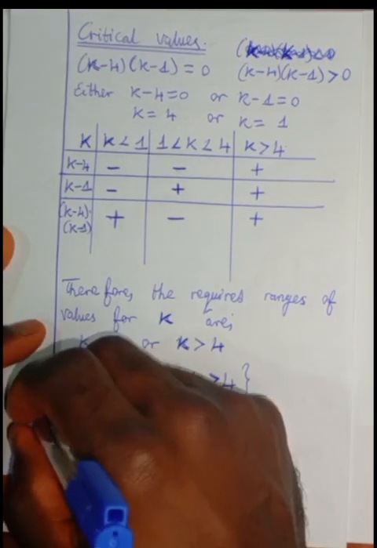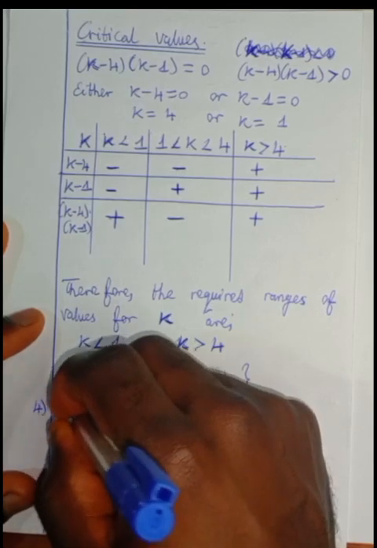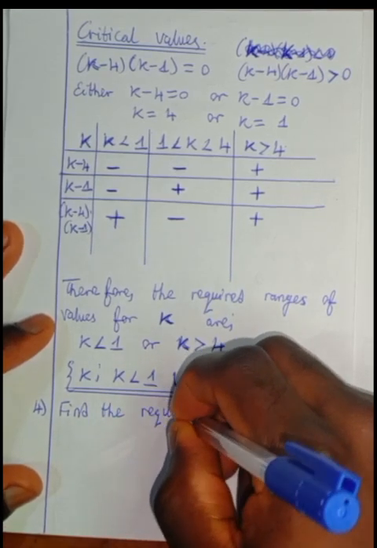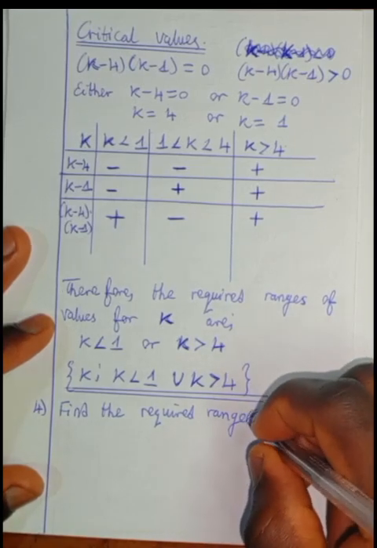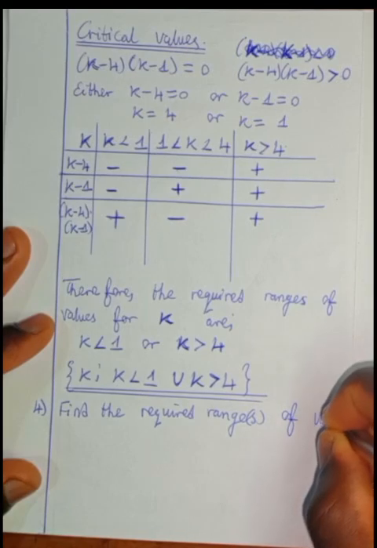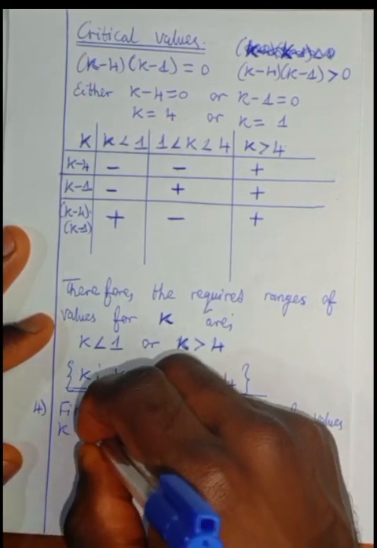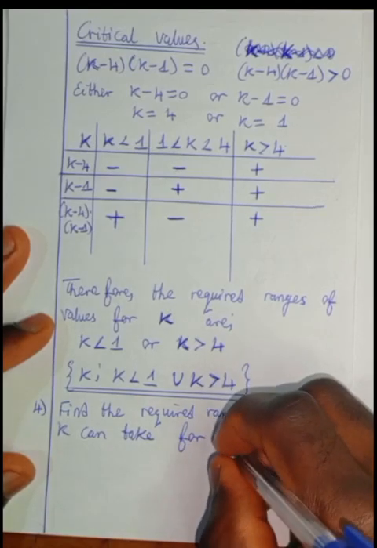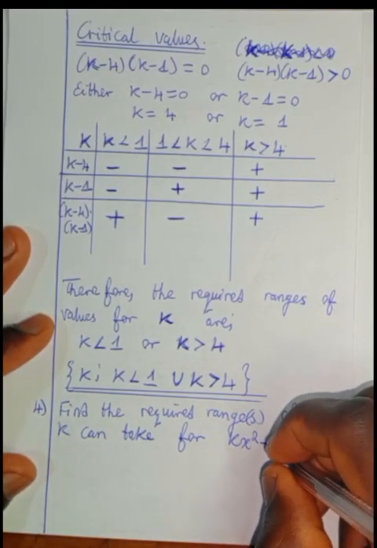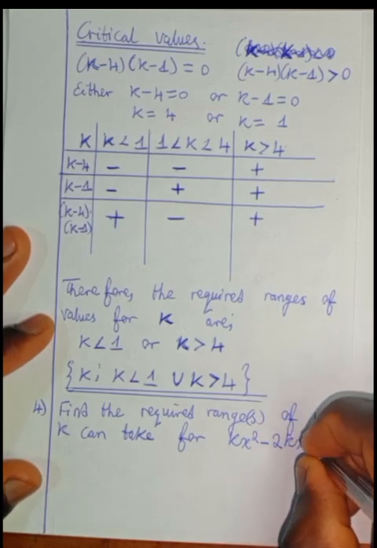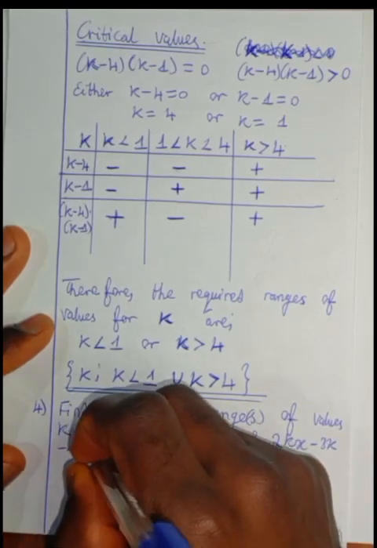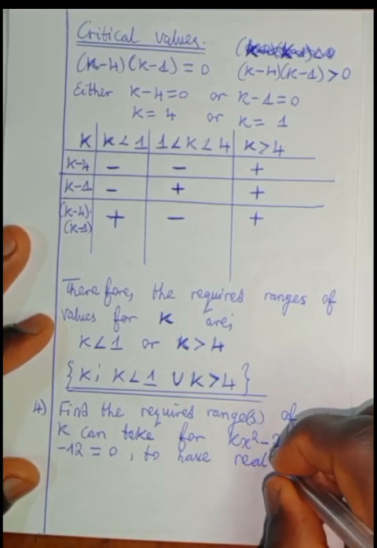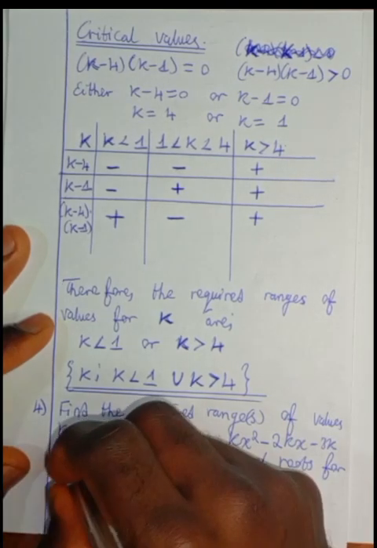Moving on to the next question, we take question 4, which says: find the required range or ranges of values k can take for kx squared minus 2kx minus 3k minus 12 equal to 0 to have real roots for k not equal to 0.